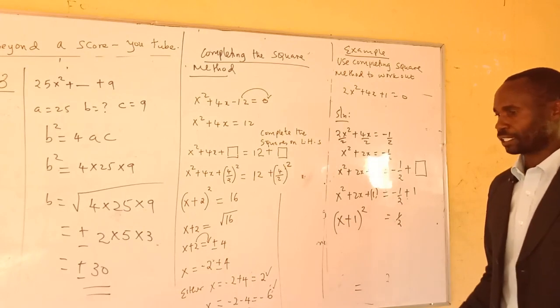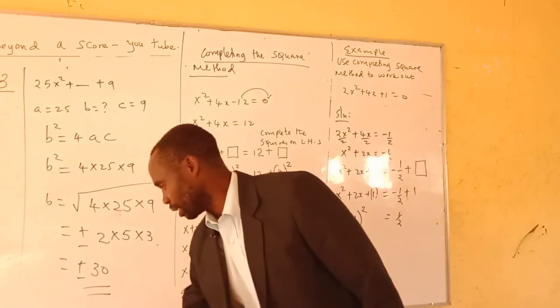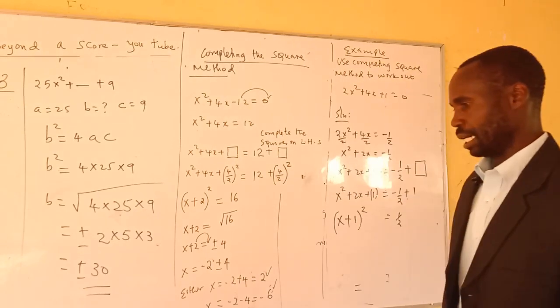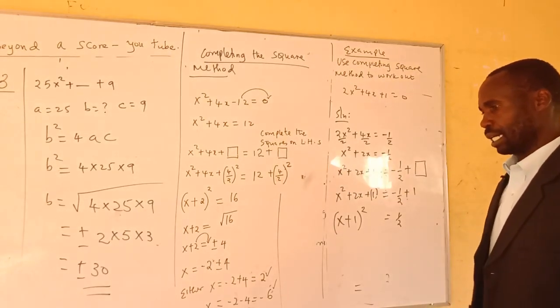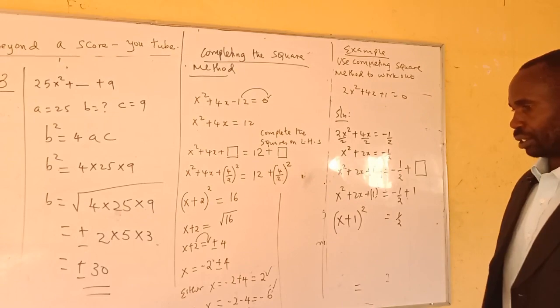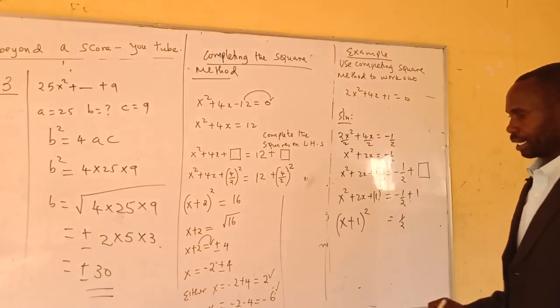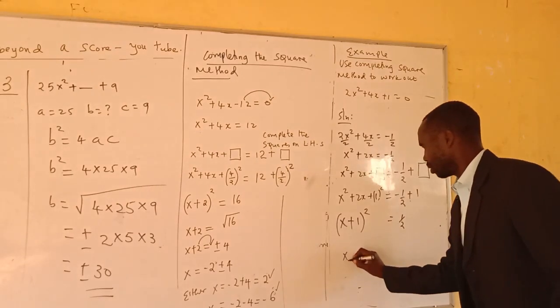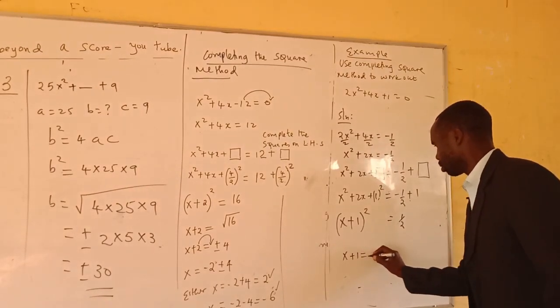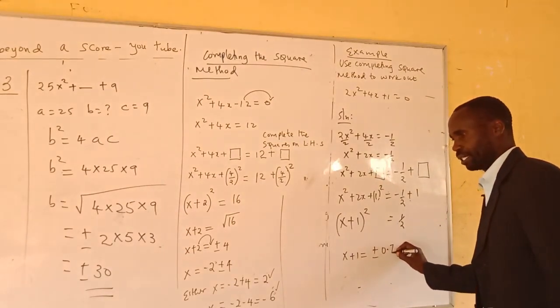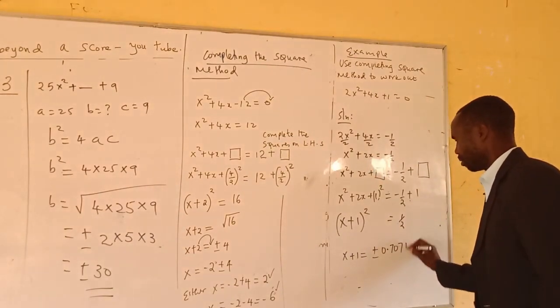Square root both sides. What we have is the square root of 0.5, which is 0.7071 according to my calculator. So x plus 1 equals plus or minus 0.7071.